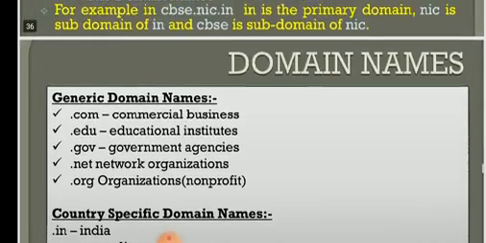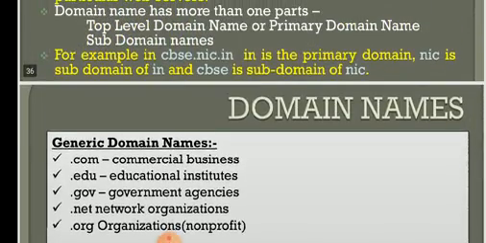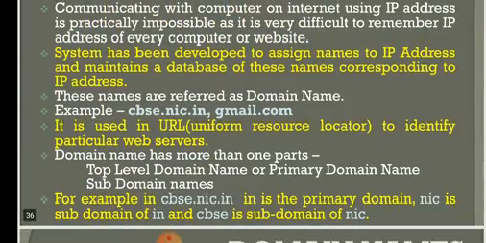Apart from that, we'll have a number of subdomains to access a particular thing. If you are seeing a URL like www.cbse.nic.in, that entire term will be called the URL.